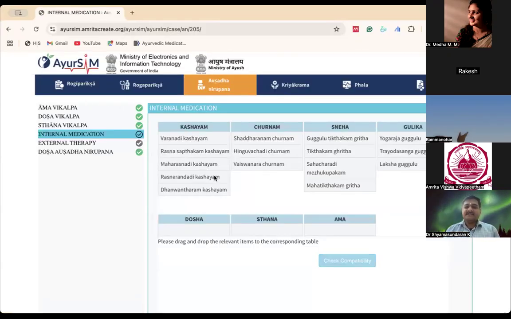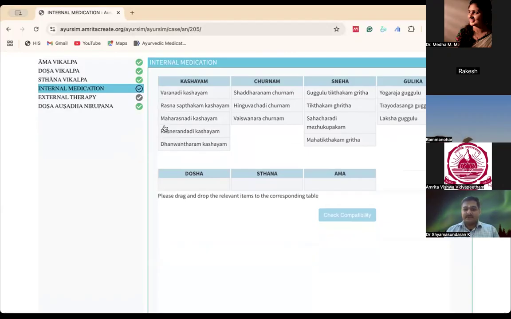You will see, this is the medicine pool that I was talking about. So here a whole list of medicines are given. So kashayams like Varanadi Kashayam, Rasna Saptakam Kashayam, Maharasnadi Kashayam, Rasna Erandadi Kashayam, Dhanvantaram. So many Kashayams are there, which you can choose.